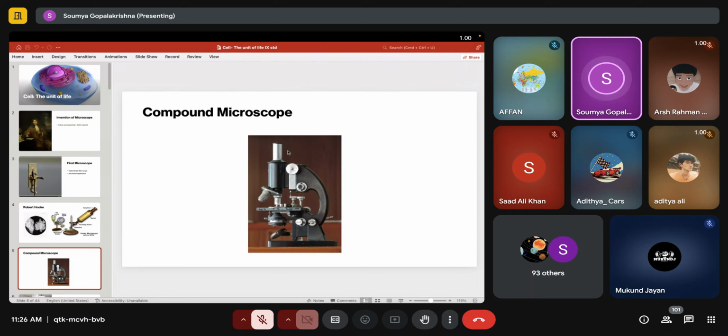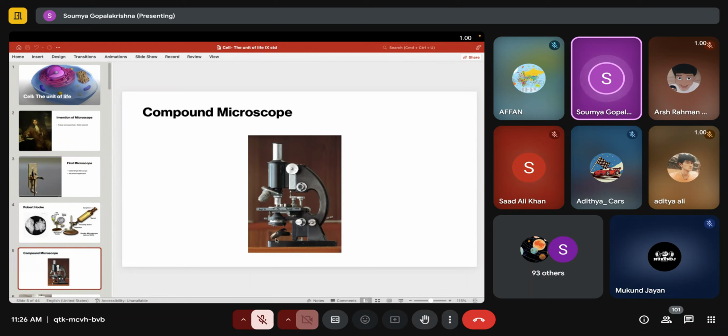Now, here if you see, you have two lenses. Here is the eyepiece, which has one lens. Magnification is about 10 times over here. And here, different lenses of different magnifications can be fitted. There is the stage on which you keep the slide with the specimen.